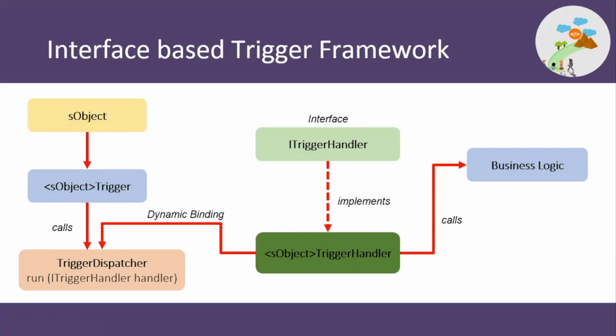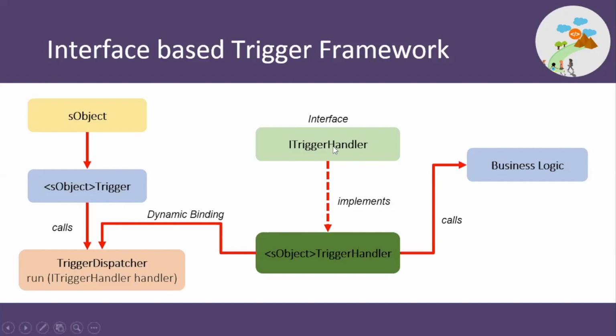Okay. Now, for people who are not very conversant, just try to refer back to your object-oriented concepts. Interface is nothing but a contract. When you define an interface, you're saying that whichever class implements this particular interface has to provide a definition for these methods.